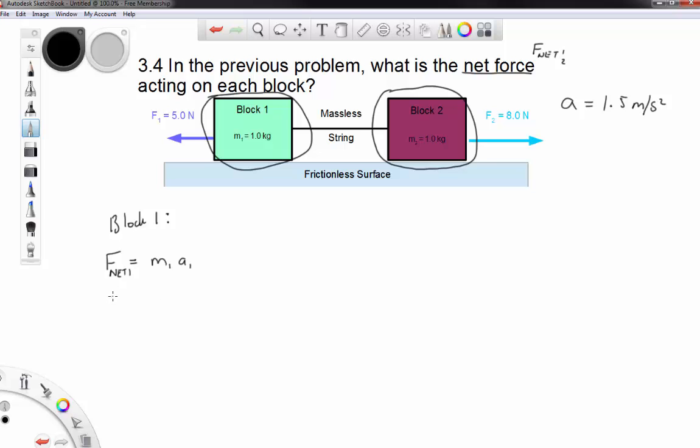So this would be F net 1 is equal to 1.0 kilogram times 1.5 meters per second squared.